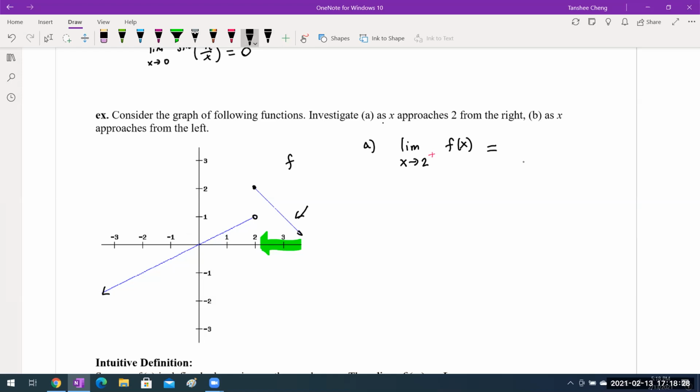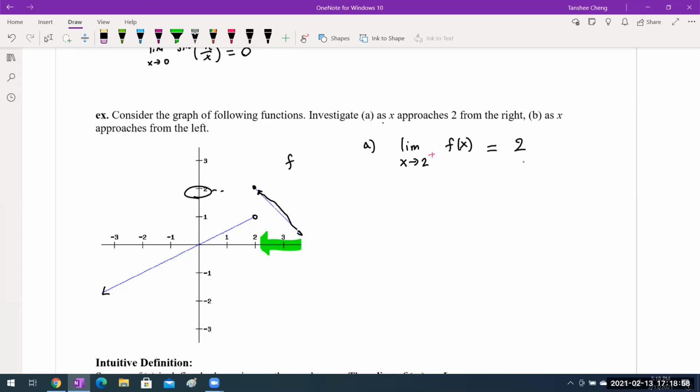So as we move along this graph, as x gets closer and closer to 2, the function's output value is getting closer and closer to what? 2 also. See that? So therefore, I can conclude that in this case, the limit as x approaches 2 from the right-hand side of the function f of x will be what? 2.